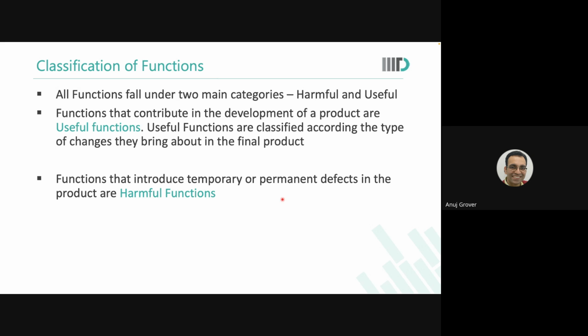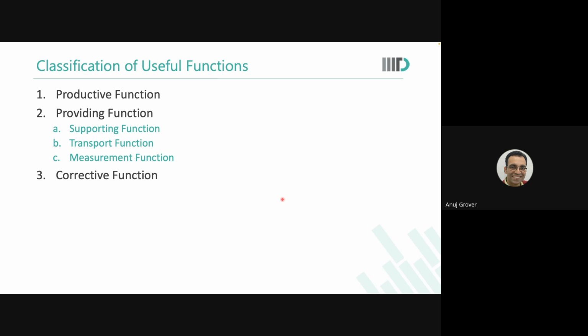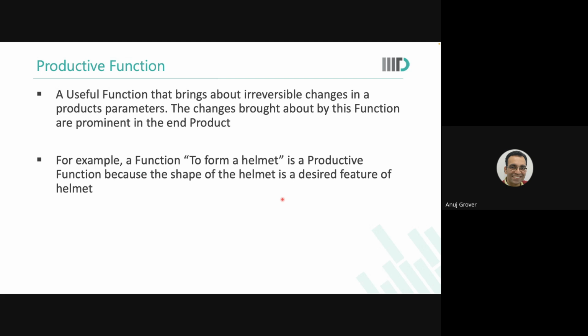I already said productive functions, then providing functions are of three types: supportive, transport, and measurement, and corrective functions. So what are productive functions? Productive functions are useful functions that bring about irreversible changes in product parameters. The changes brought about by this function are prominent and visible in the end product also.